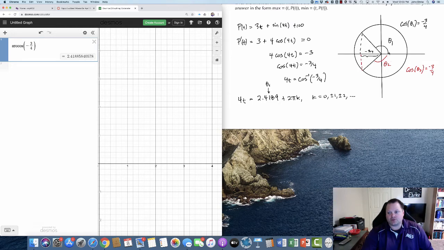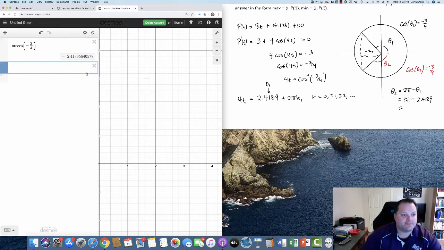Because theta 2 is really just theta 1, but going from the opposite direction. It's not starting at 0 and going forward, it's starting at 2 pi and going backwards. So theta 2 is nothing more than 2 pi minus theta 1, which is 2 pi minus 2.4189.